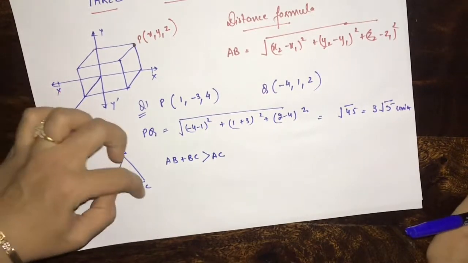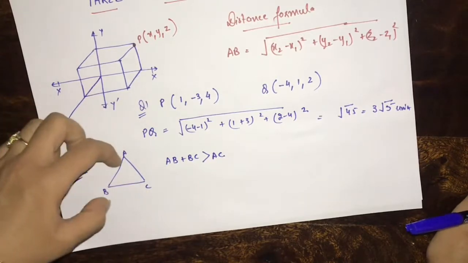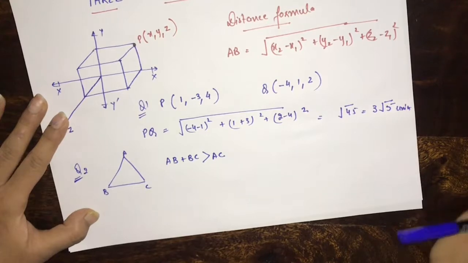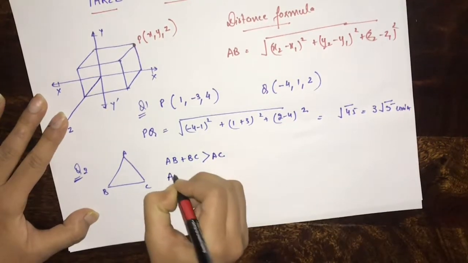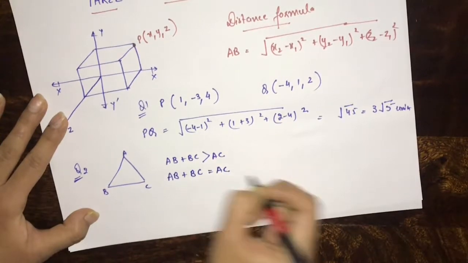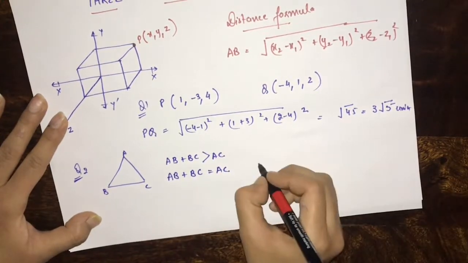So I have taken AB plus BC is greater than AC. You could have also taken AB plus AC is greater than BC. However, if you're talking about collinear, the 3 points are collinear when AB plus BC is equal to AC, which means all of the 3 lie on the same line.